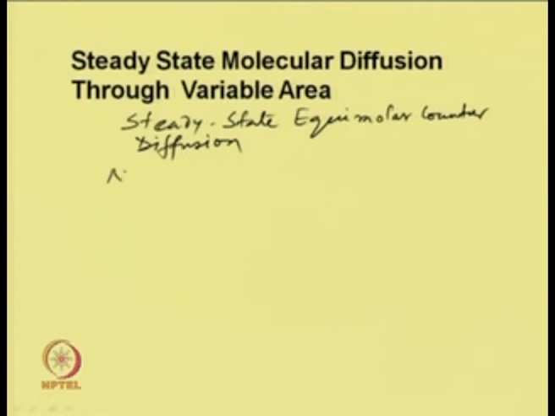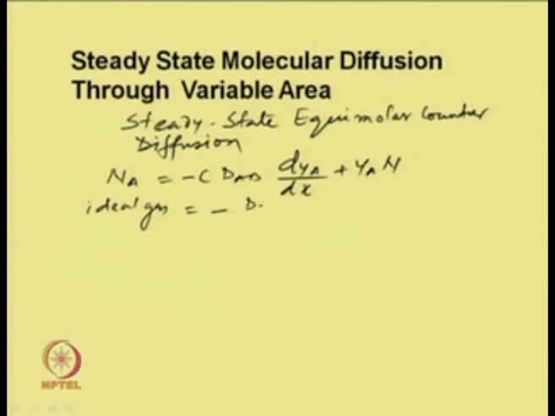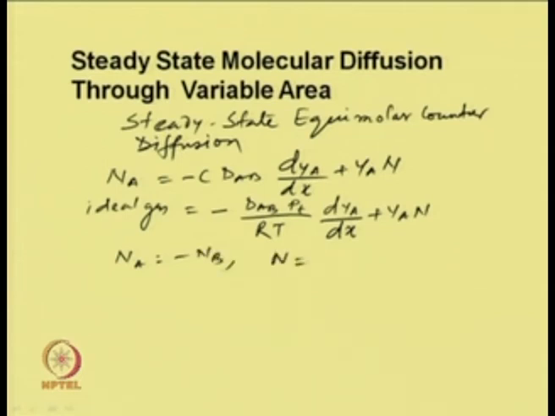As we know, the flux is minus C DAB dYA by dx plus YA N. So, for equimolar counter diffusion, and if we consider ideal gas, this will be minus DAB PT by RT dYA by dx plus YA N. Now, for a two component system and equimolar counter diffusion, Na will be minus Nb and N is Na plus Nb, which is equal to 0.